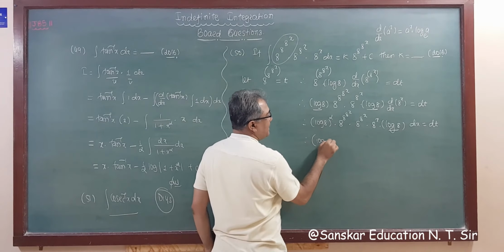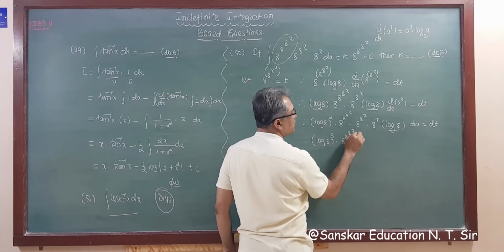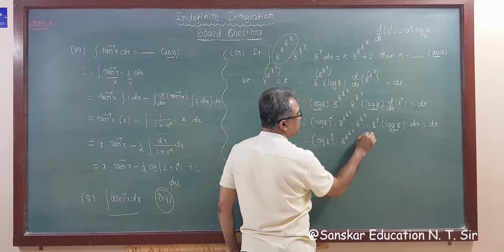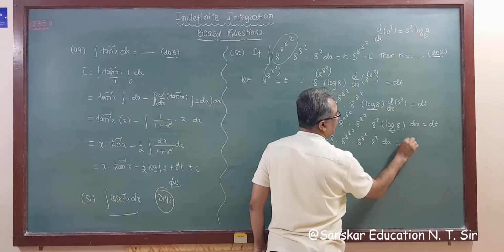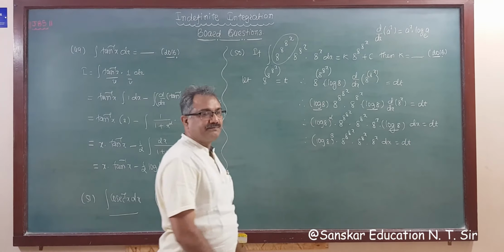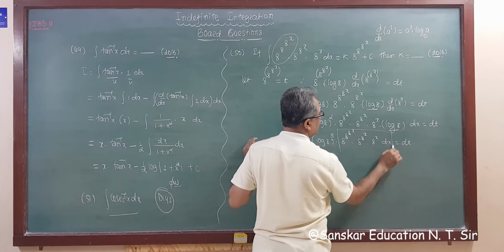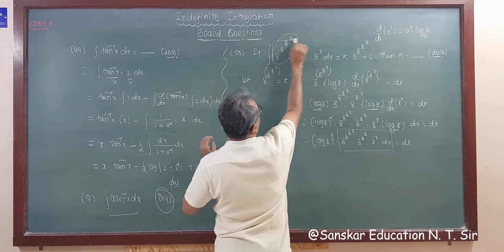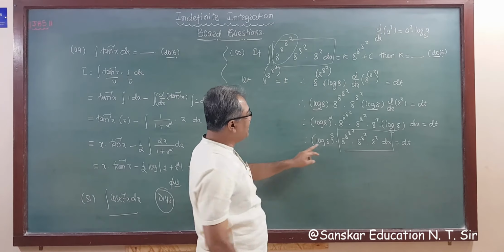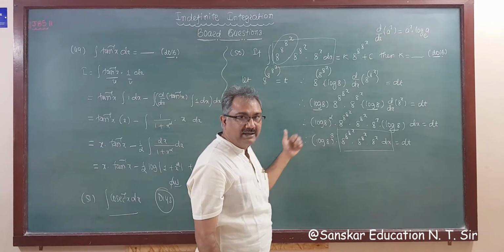So log 8 whole cube into 8 raised to x, 8 raised to x dx is equal to dt. That means this part now becomes dt upon log 8 whole cube. I am writing directly, right?